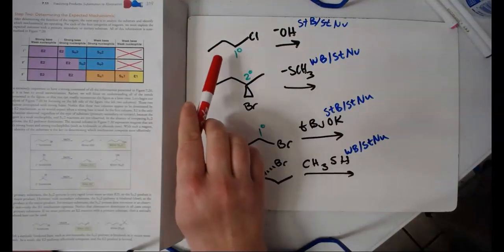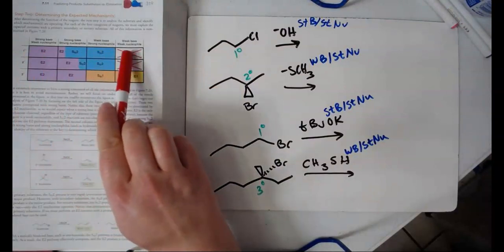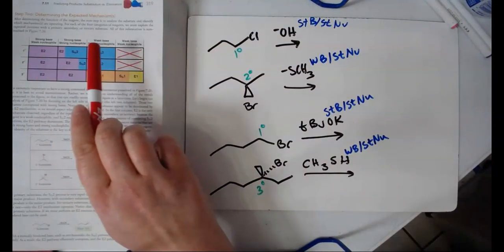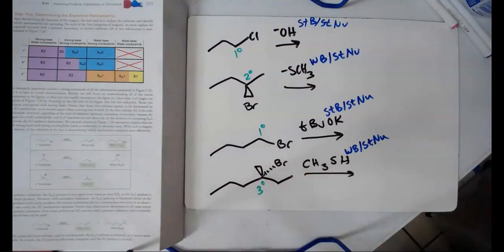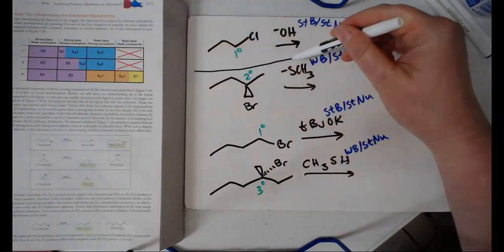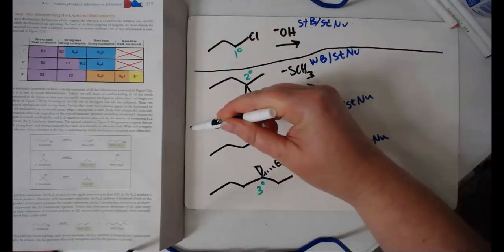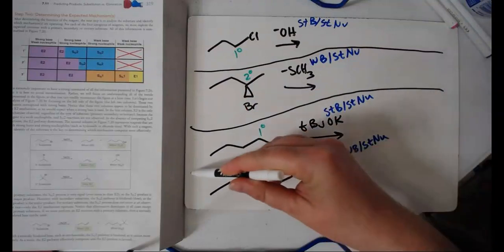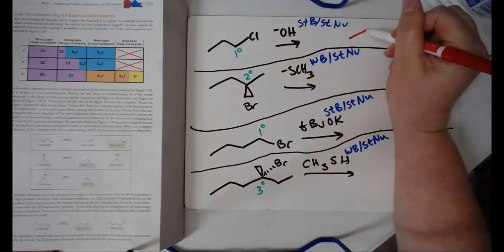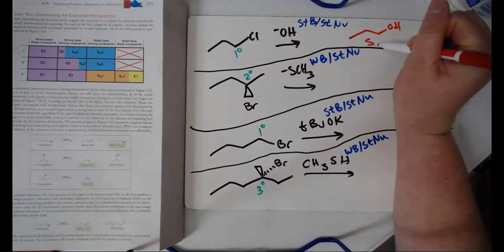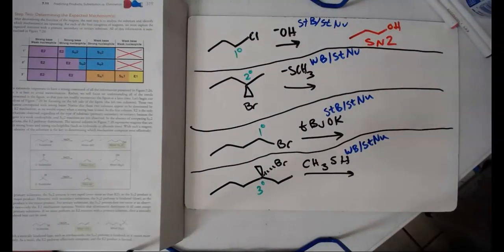So for that first one, we're going to use our primary row on the table, and we know that we have a strong base and a strong nucleophile. So we are in that E2/SN2 category. And so I know, based off of what that looks like, that my SN2 is going to be my major product because it is still a small base. So that is the major product for this.